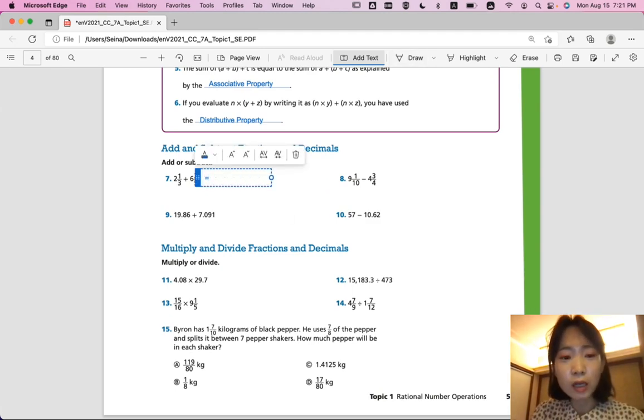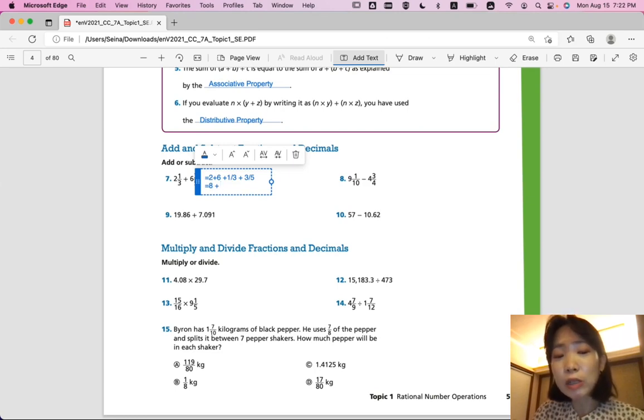So you can say 2 plus 6, and 1/3 plus 3/5 will give you the answer. 2 plus 6 is 8, and you want to add 1/3 plus 3/5.